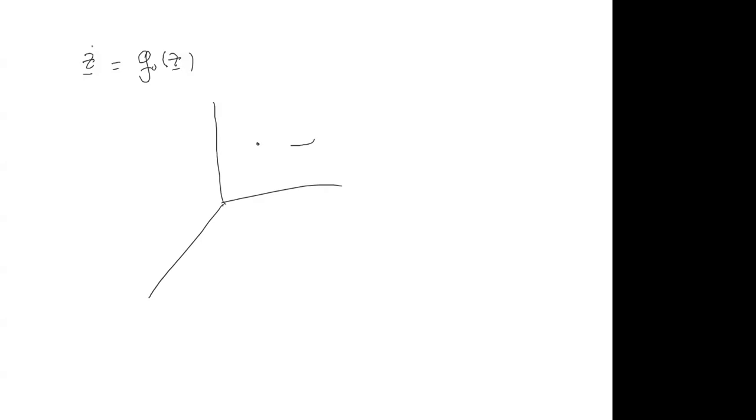So this is Z naught, and a fixed point means no matter where you start the trajectory, you end up here. This is our Z, Z1, Z2, Z3, say.